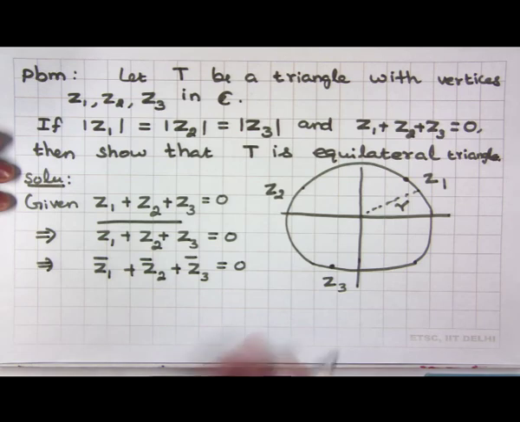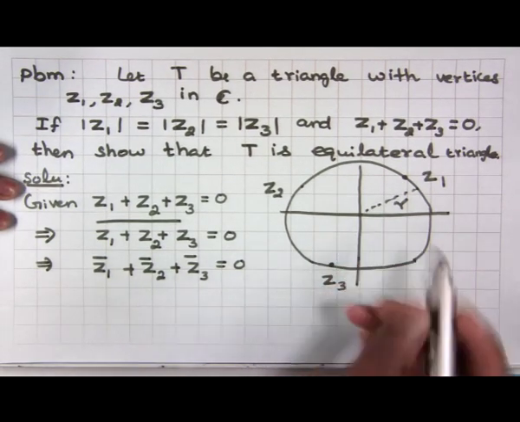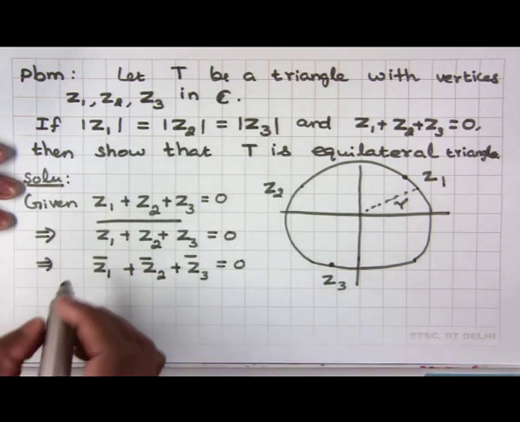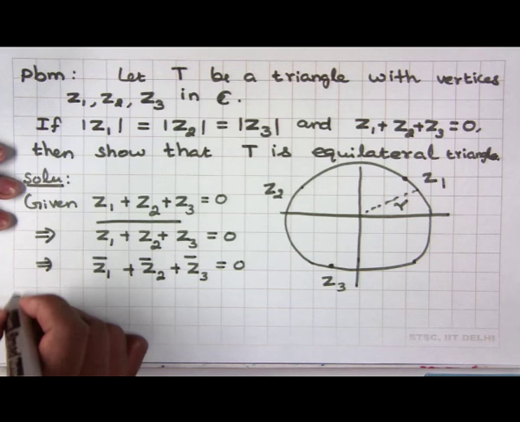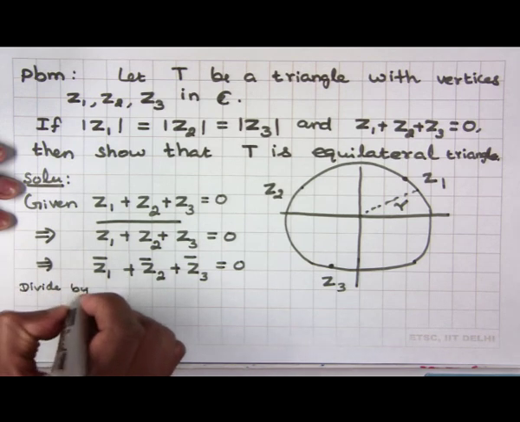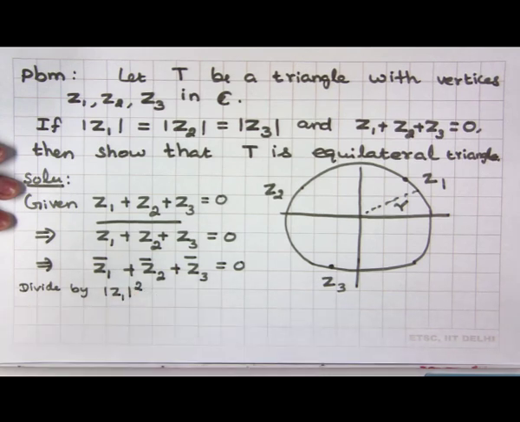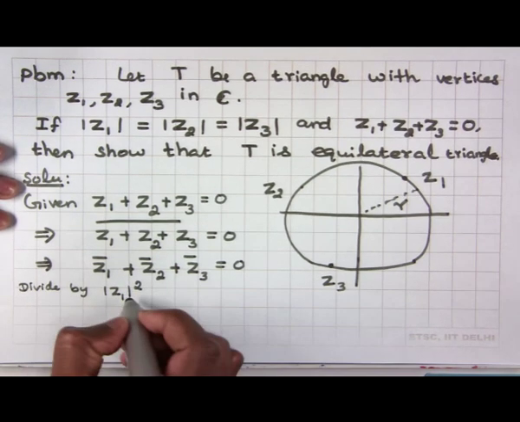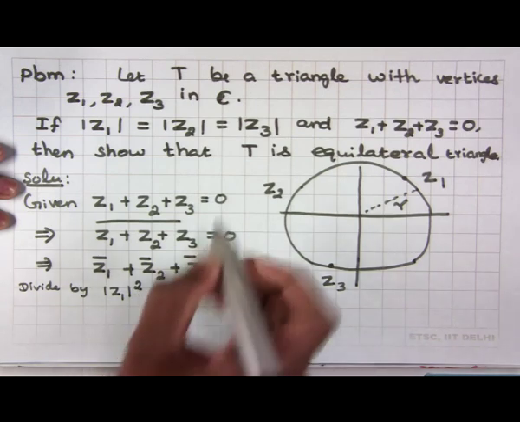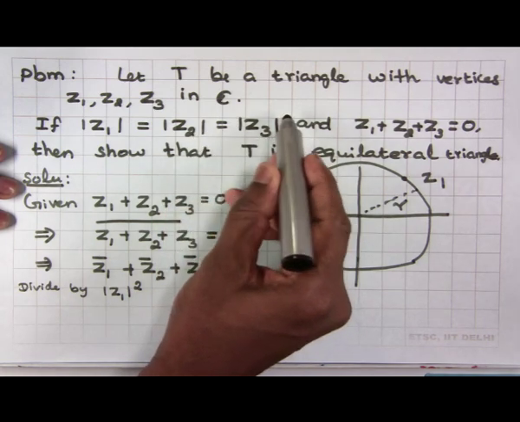Now, use the fact that their modulus are equal. So, we can divide by mod Z1 square, which is equal to mod Z2 square as well as mod Z3 square.